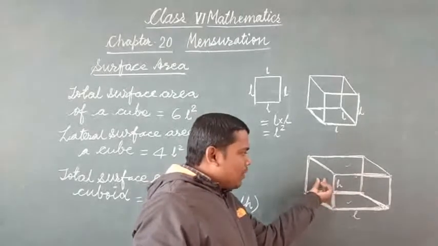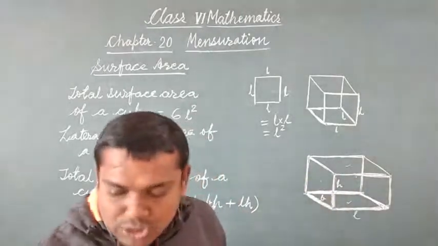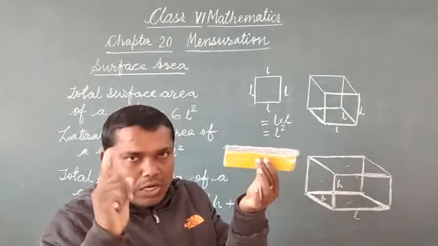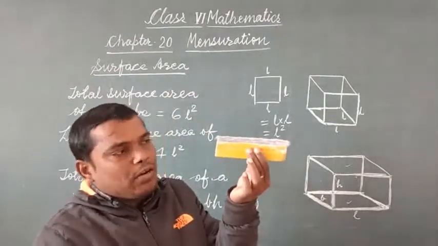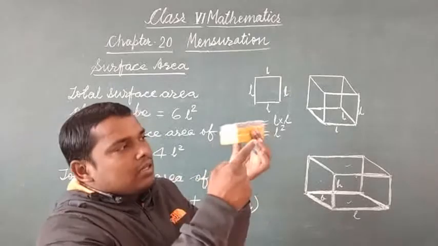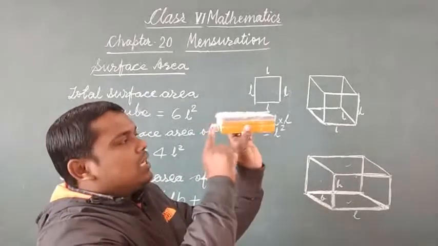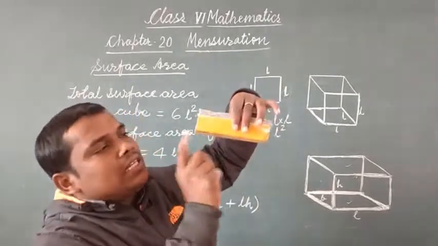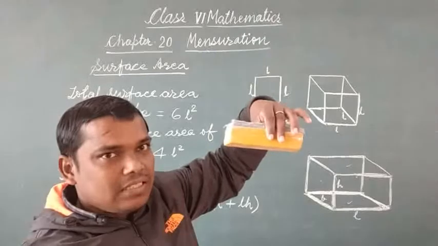So just now we have calculated area for this surface. Suppose this one, I am taking example. This is the base and this is the top. So lateral surface area in case of cuboid is surface area of this surface, this, this and this. Only 4 surfaces which are in touch with the base.